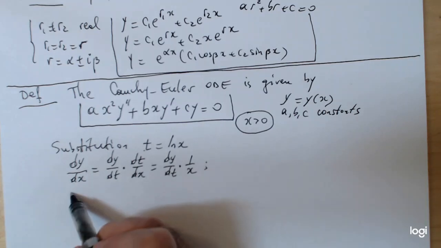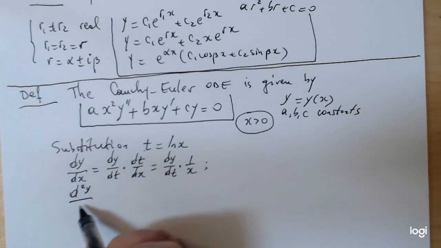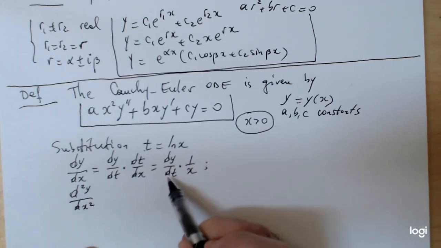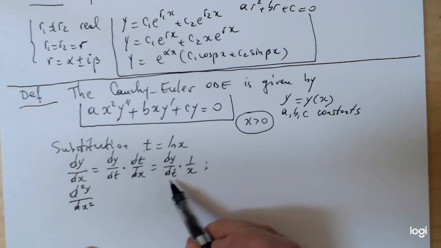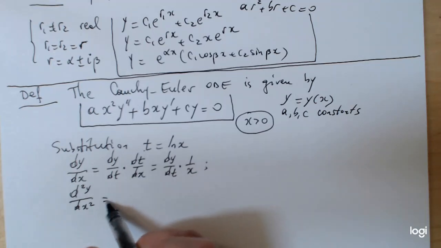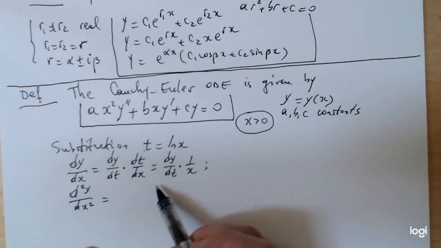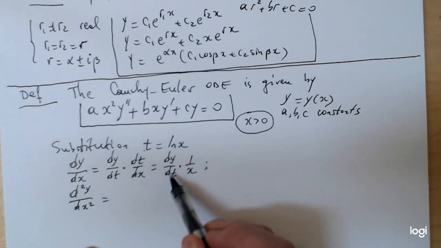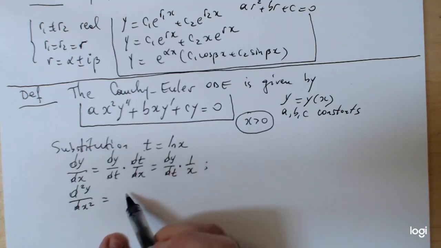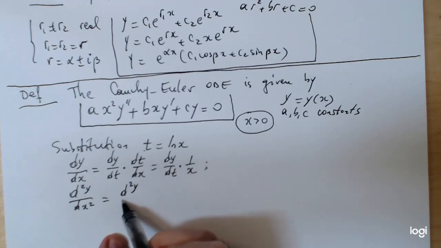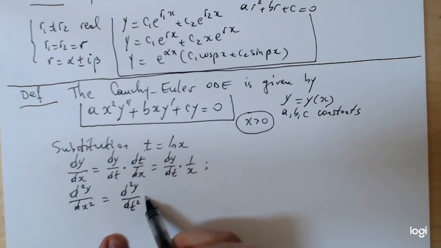So now we're going to take the second derivative, and notice that this time you need the chain rule, excuse me, the product rule as well. So first we differentiate with respect to x again, dy dt, again via the chain rule. So with respect to t again, so that's going to be the second derivative with respect to t, follow up with the chain rule, dt dx.